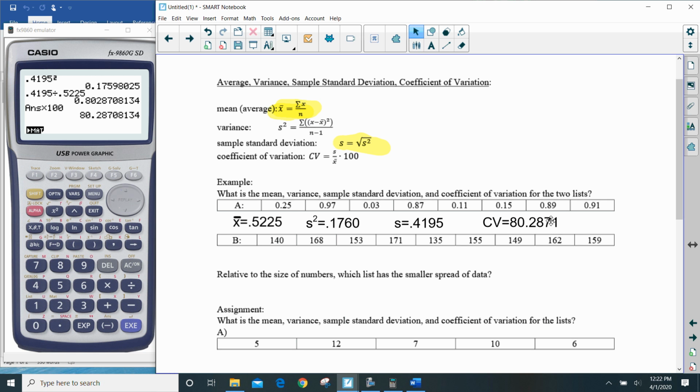It's like 80% of what the average is. But you know, you might get a standard deviation that is larger, but doesn't really necessarily mean that it's a larger spread. You'll see what I mean here when I create this second piece here.